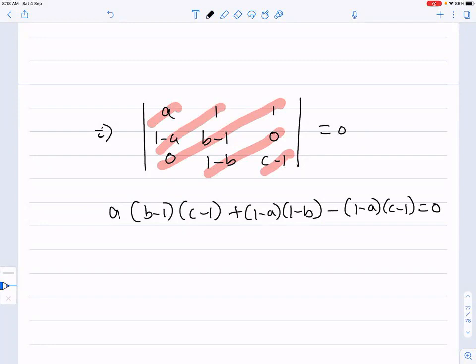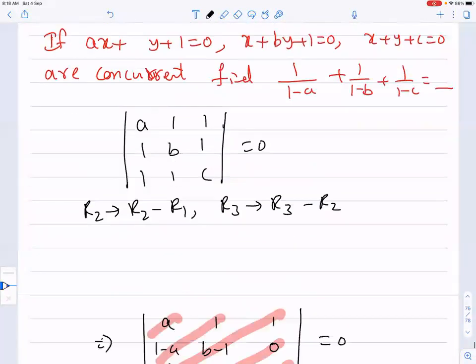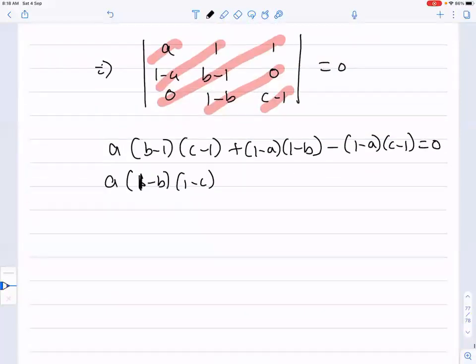We can correct this a little: a into 1 minus b into 1 minus c, because everywhere 1 minus a, 1 minus b, 1 minus c are in the denominator. So I'll correct accordingly: 1 minus a into 1 minus c, two minuses will come, that will become plus. Taking minus common, 1 minus a into 1 minus c equal to 0.